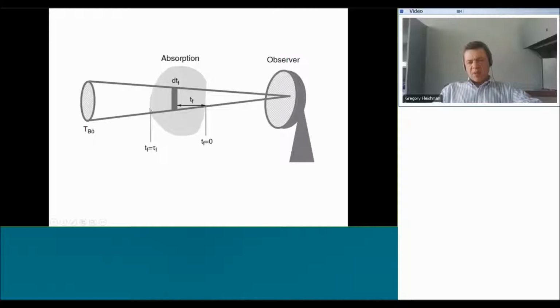But the amount of emission which is absorbed by the entire cloud can be described by optical depth. And if this optical depth is much larger than unity, this means that almost all emission incident on this cloud will be absorbed during propagation. If this optical depth is smaller than unity, then the cloud is transparent and only a minor fraction of the emission will be absorbed.